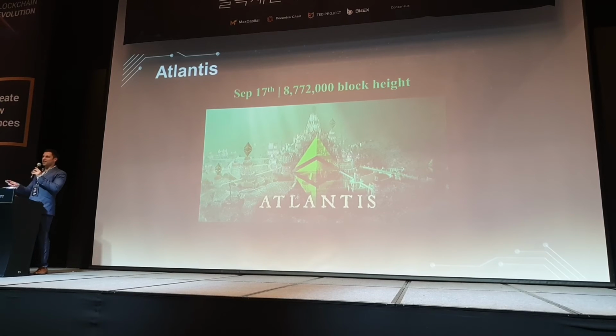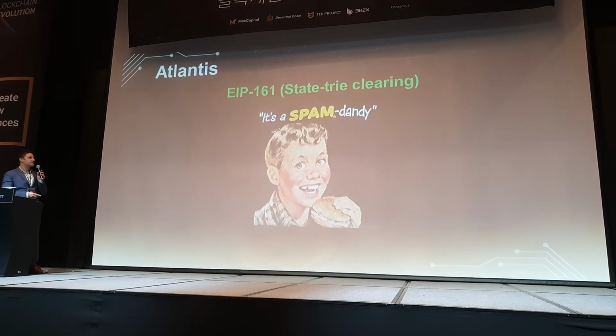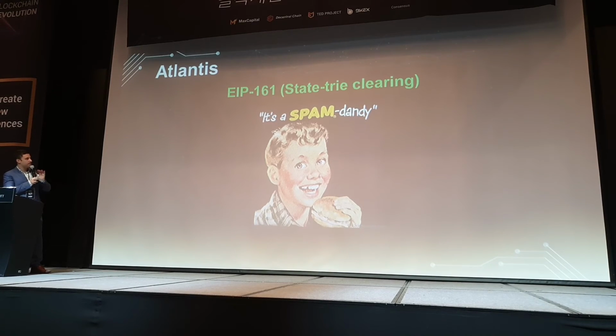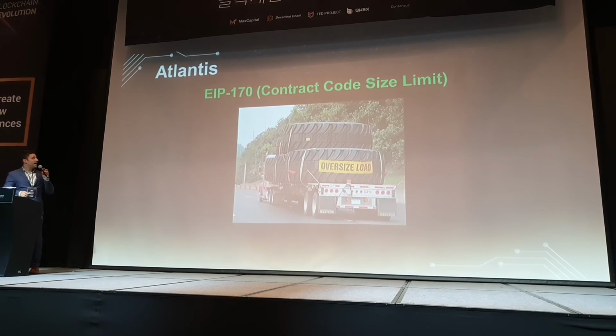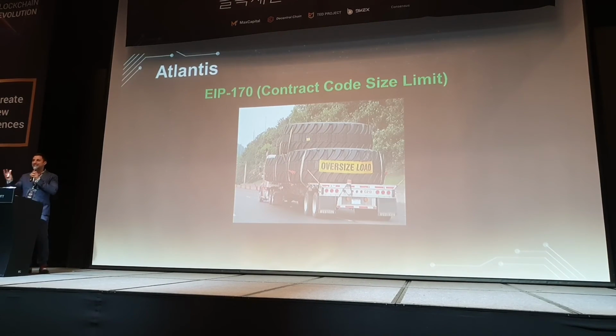To summarize very briefly, because it's a bit technical, we have something called state tri-clearing, which effectively is there to improve Ethereum Classic's performance. We have something called contract code size limit, which standardizes the code size and its capacity.